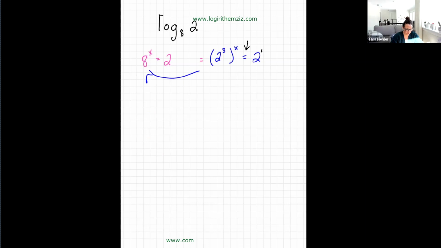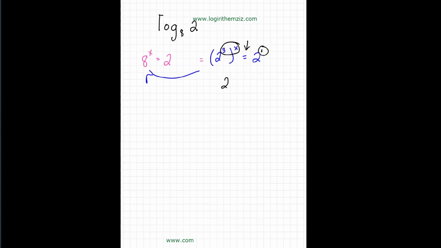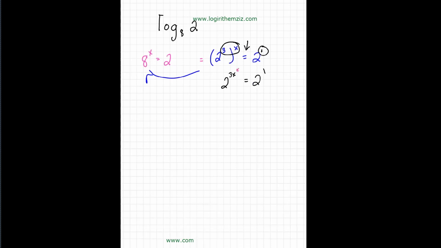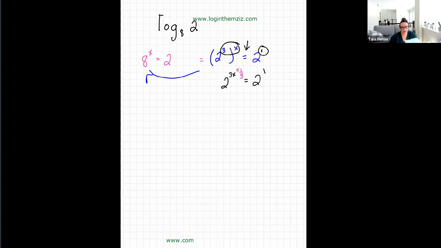This has to equal this. So how can 3x equal 1? It has to be 1/3. That's right. Very good. Because 3 times 1/3 equals 1. Exactly. So then you can visually see, oh, x has to be 1/3 in order to make that equal to 1.